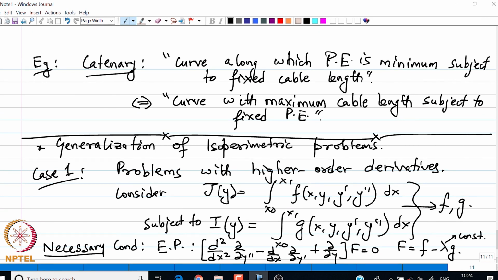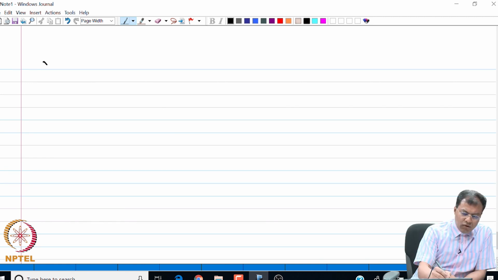So we have given the generalized version of the Euler-Lagrange equation for this case. We can look at an example in this category, but there are a few more points that I want to highlight before we look at an example.